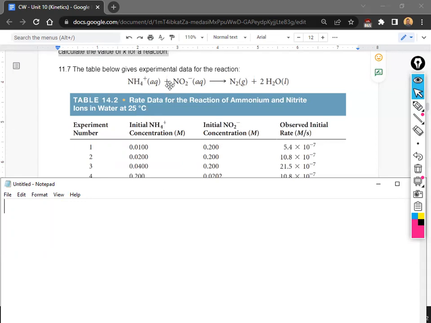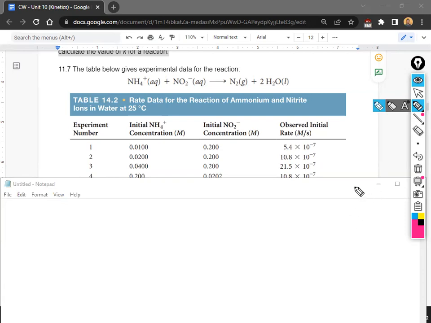But I want you to find the rate law for this problem right here, okay? So that's the rate. You have to know the K? We're calculating for K right now.